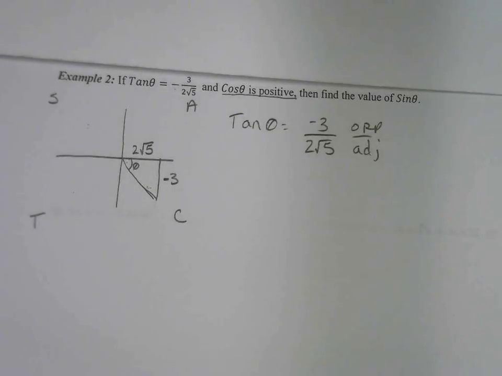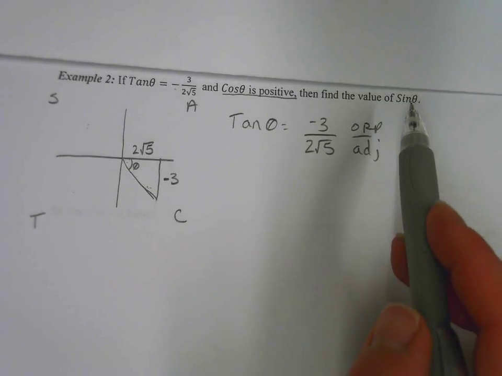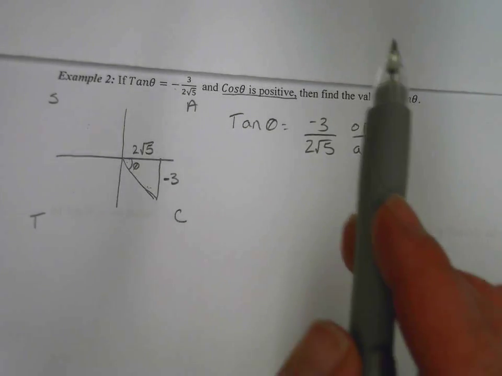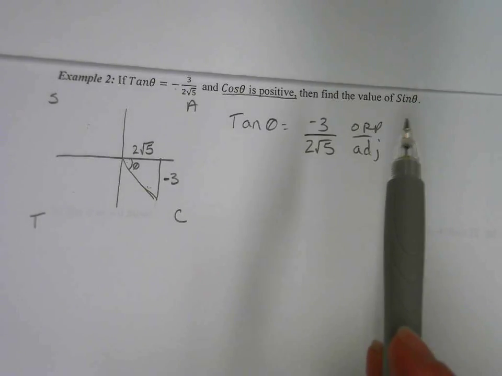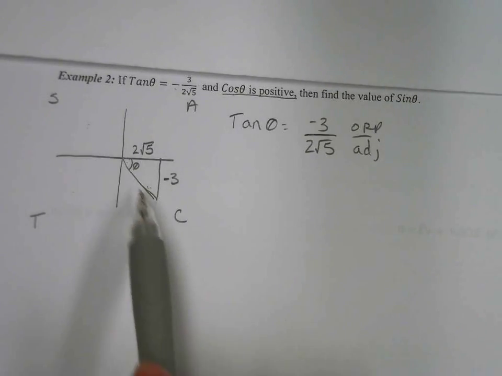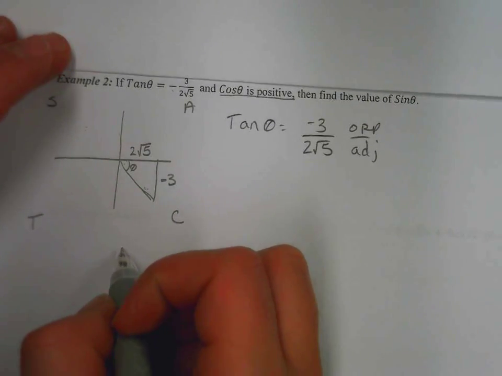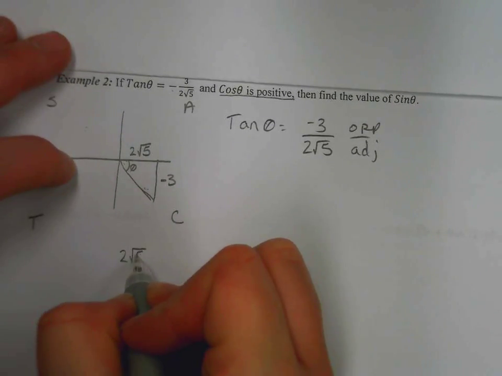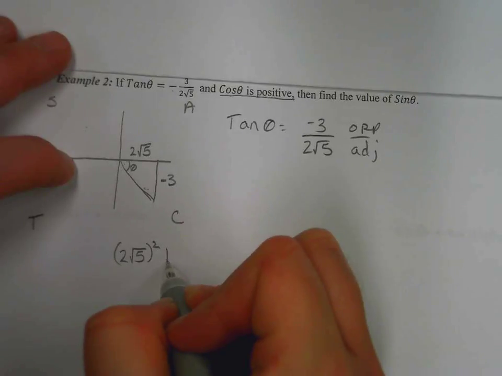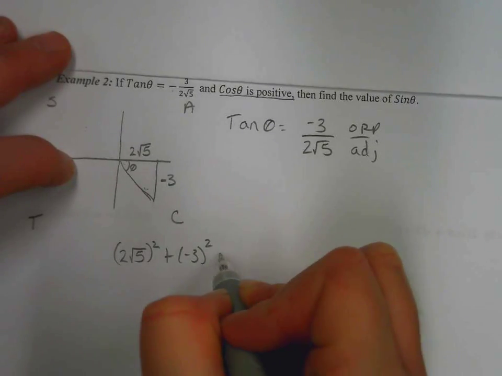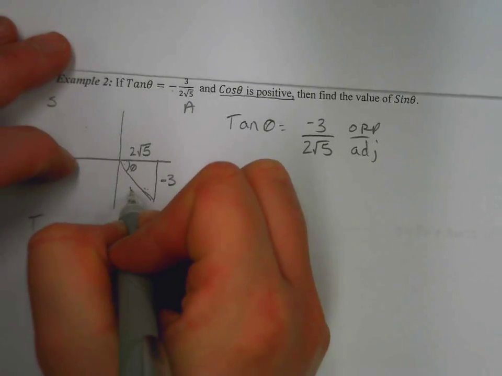Now, it asks us to find the value of sine of theta. Well, to find the value of sine of theta, we need to know the radius or the hypotenuse of this triangle. So we're going to take 3 squared plus 2 root 5 squared using Pythagoras and solve for this r value.